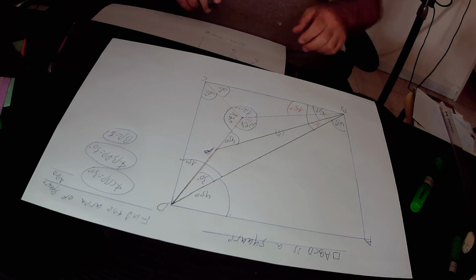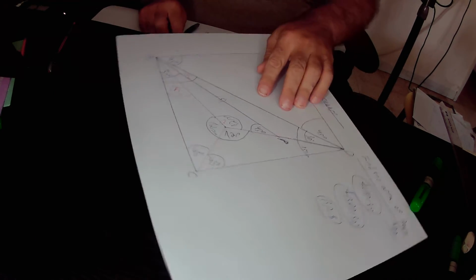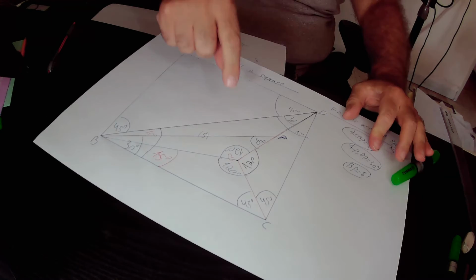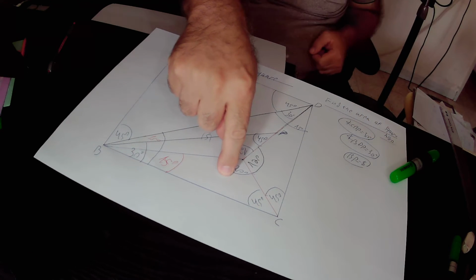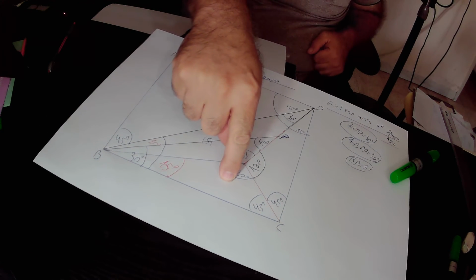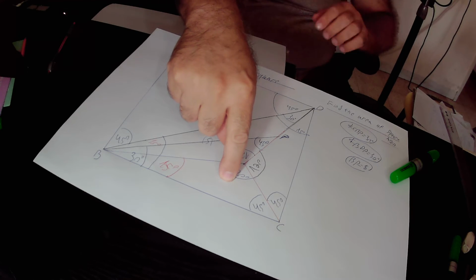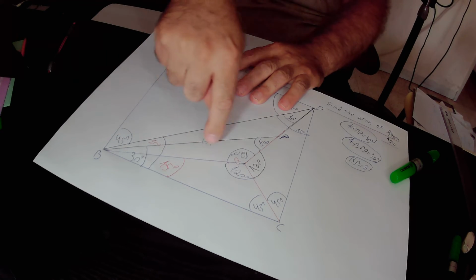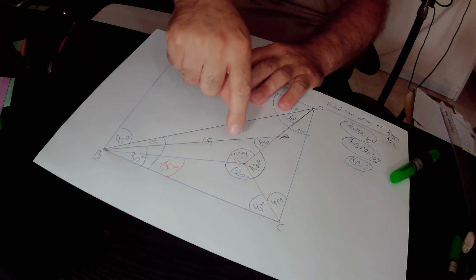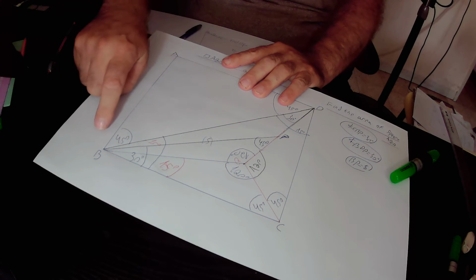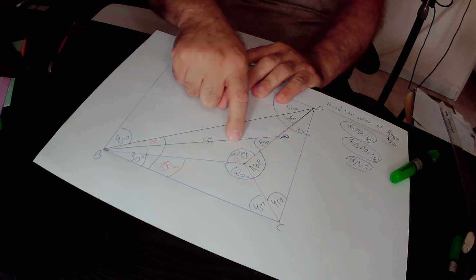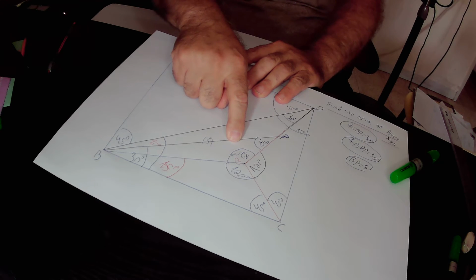In the next step, we prove that those two triangles can go into each other according to the angle side angle rule. That is to say, we prove that triangle BQC can go into triangle BPQ according to the angle side angle rule.